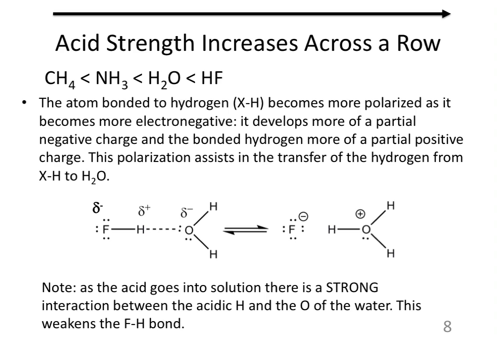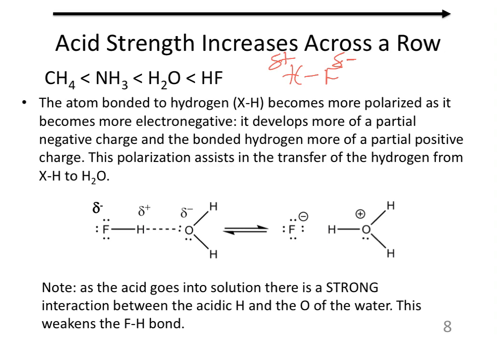We know, hopefully, that hydrogen fluoride is polar. And so let's go ahead and draw the partial charges. Fluorine is more electronegative, so it gets the partial negative. Hydrogen gets the partial positive.